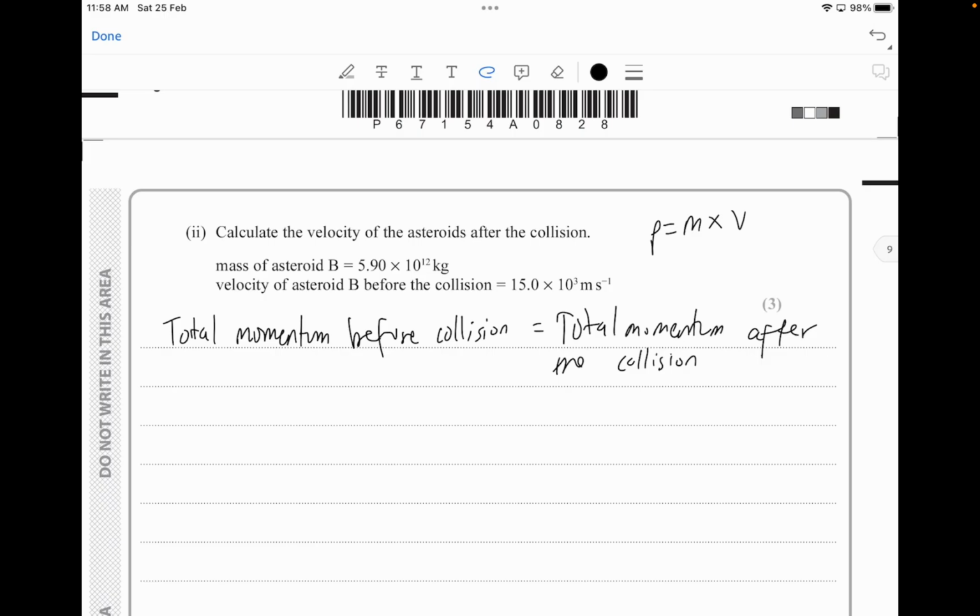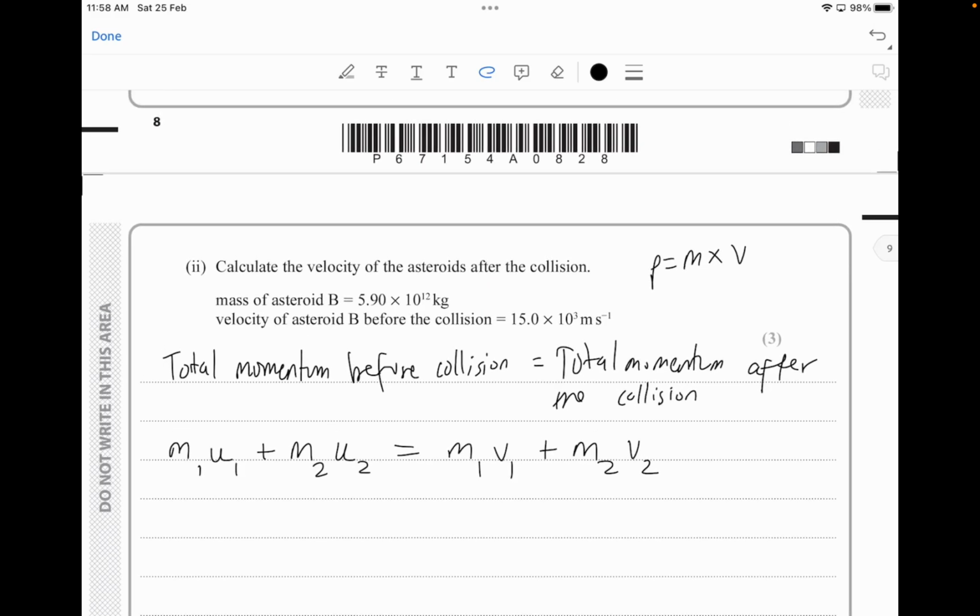I would like us to use this formula: m1 u1 plus m2 u2 is equivalent to m1 v1 plus m2 v2. This m1 is the mass of asteroid A. Let me just get my formula sheet to see if the formulas are all correct in this case.